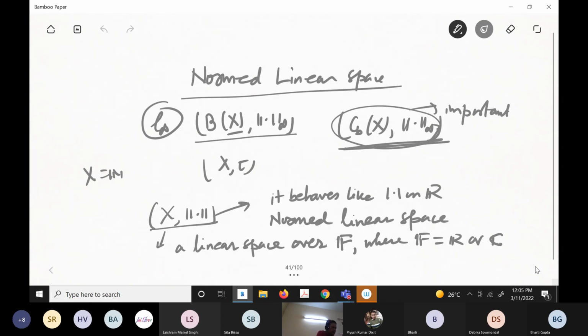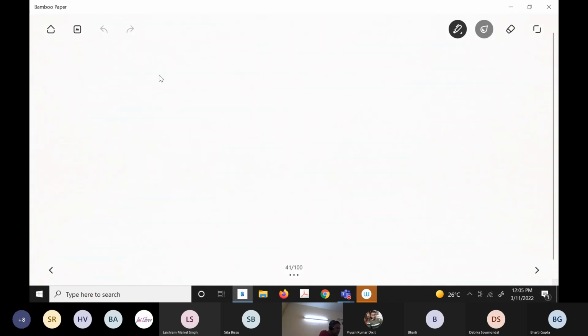And I told you that this gives you a metric, d(x,y) equal to this. Particularly the example I was giving: don't confuse with that X now.